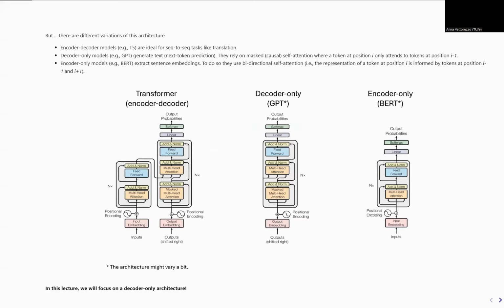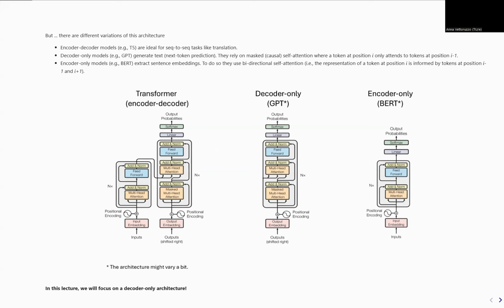But most recently, people are mostly focusing on decoder-only architectures, such as the GPT series or also the Gemini series, where the idea is that we can generate text using the next token prediction objective.